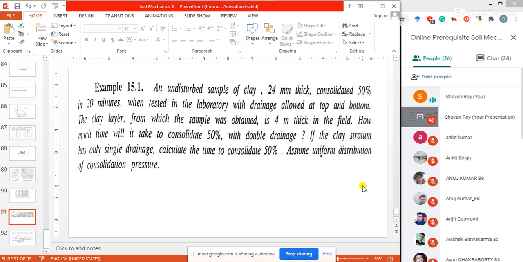How much time will it take to consolidate 50% with double drainage? If the clay stratum has only single drainage, calculate the time to consolidate 50%. Assume uniform distribution of consolidation pressure. Please write this question, all of you.